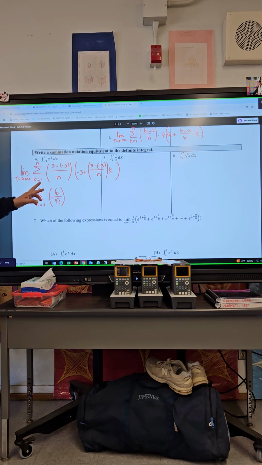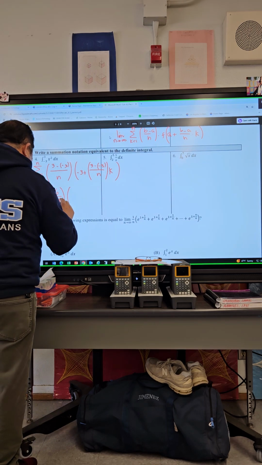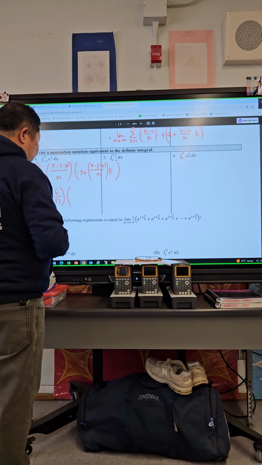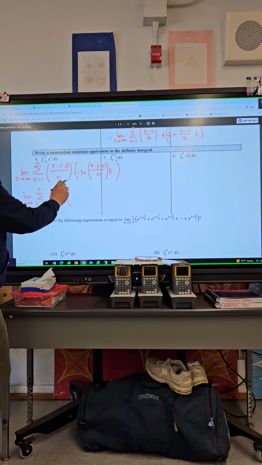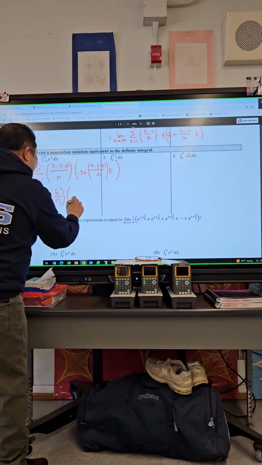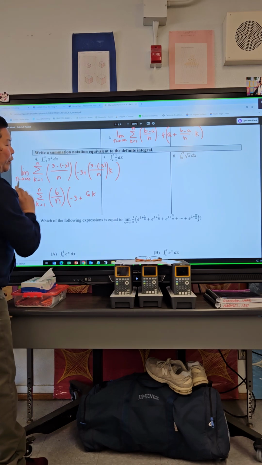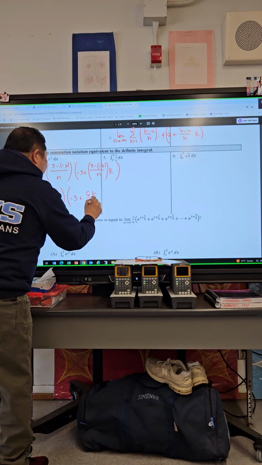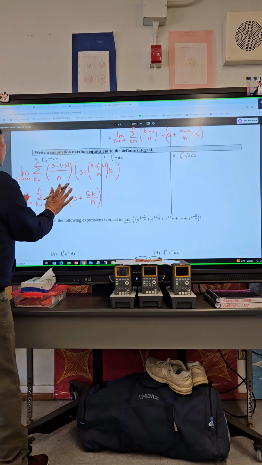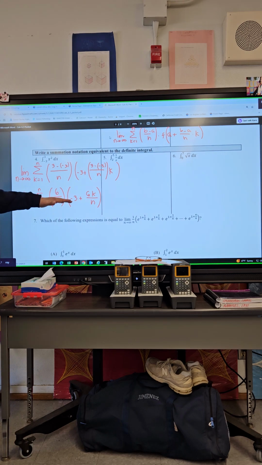No. Okay, so what's next? We're gonna have negative 3, right? So negative 3 plus 6k. You can multiply k right away over n. So this is now the summation notation of this particular definite integral.